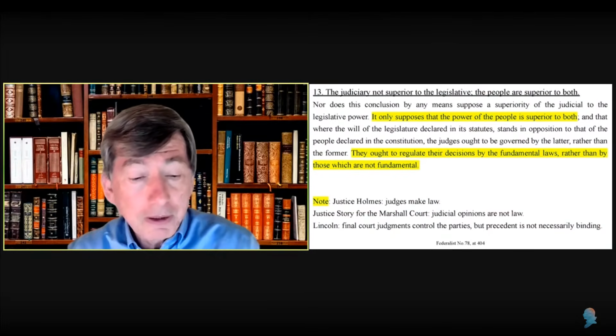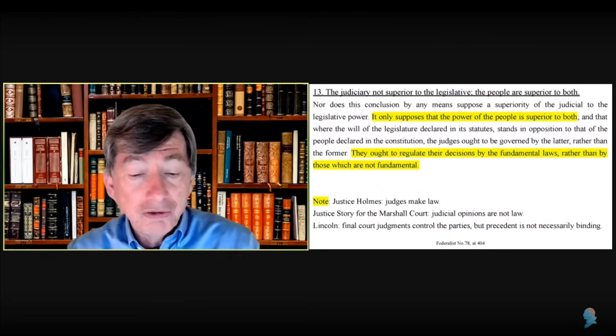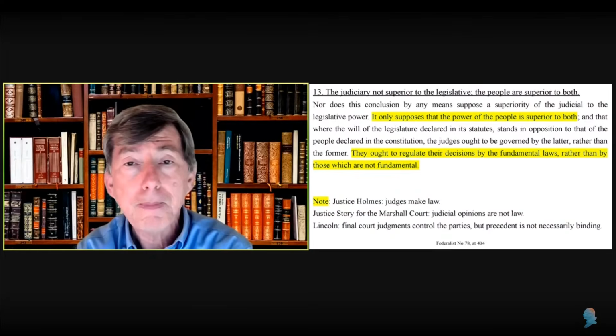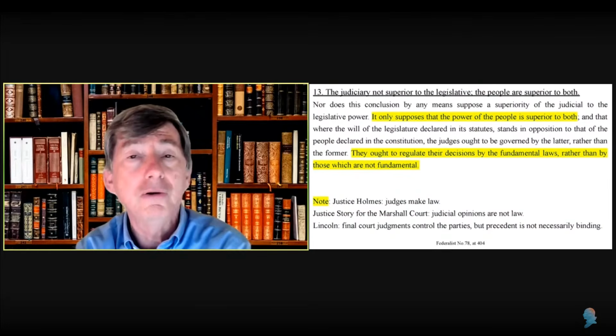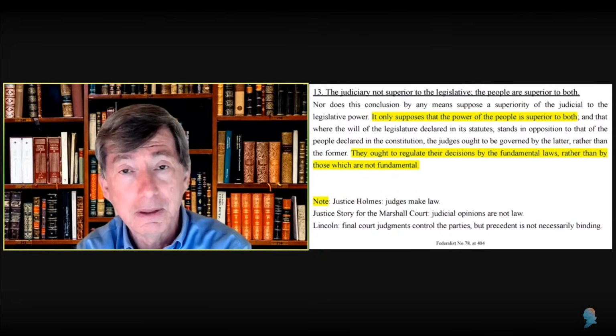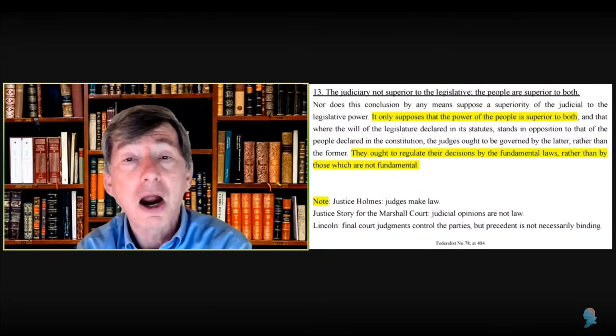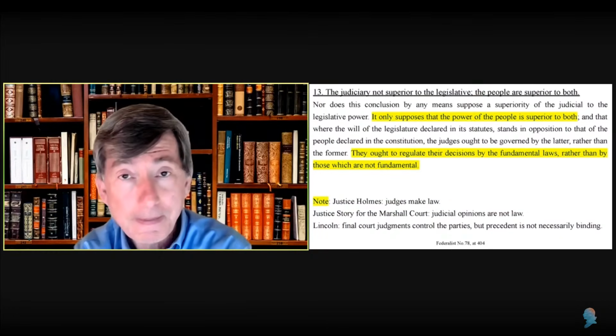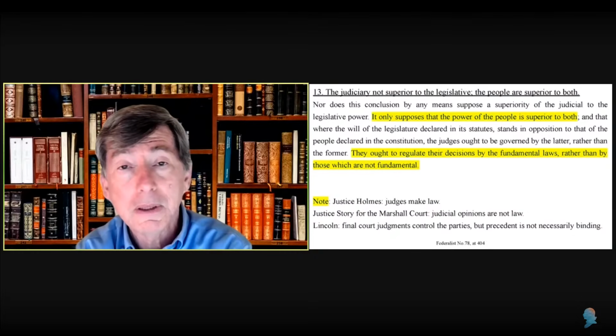Why? Well, you can blame most of this on Justice Holmes. He's merely representative. But Holmes attacked the notion that what judges said was not the law. Of course, he said, opinions are the law. Now, that is not what Story wrote for the whole court.